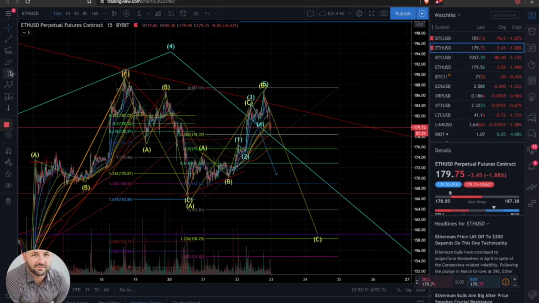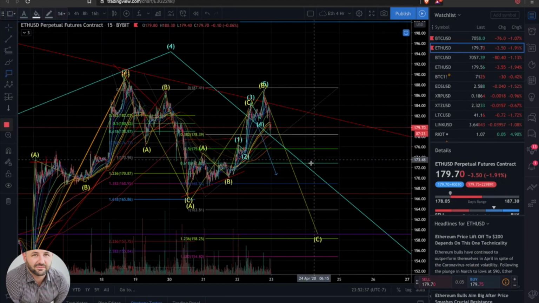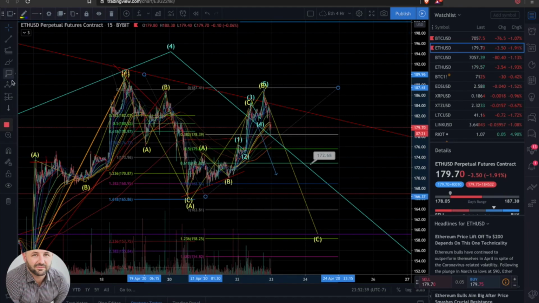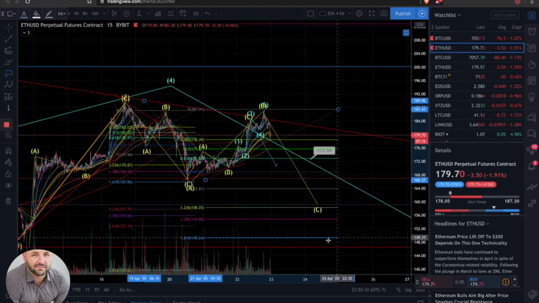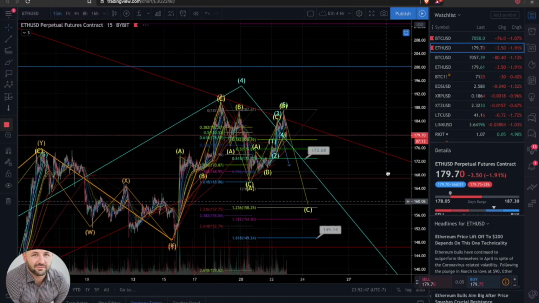We'll pay attention to the wave structure as it comes down, and I'll throw a couple price labels on there, there and there.